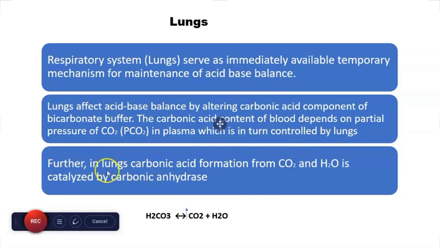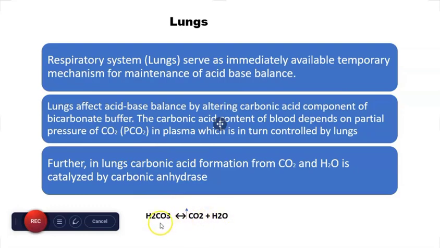We move further. In the lungs, carbonic acid formation is from what? Carbon dioxide and water, okay? Through the help of an enzyme called carbonic anhydrase. Now this is our weak acid, carbonic acid, and this is our carbon dioxide and water.